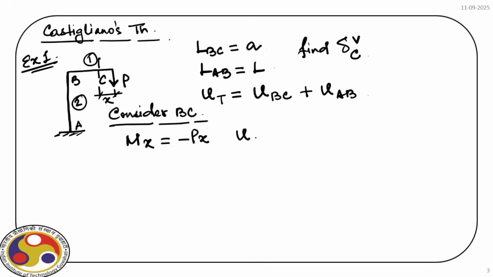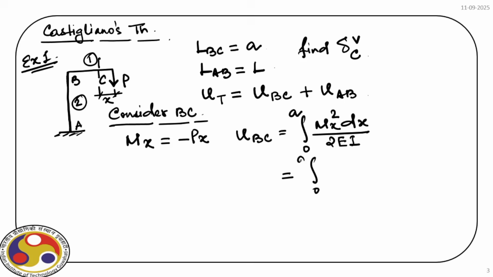Now we can find out the bending strain energy, which is integral over 0 to A Mx square dx divided by twice EI. So we have 0 to A, in place of Mx we can write minus Px whole square dx divided by twice EI.